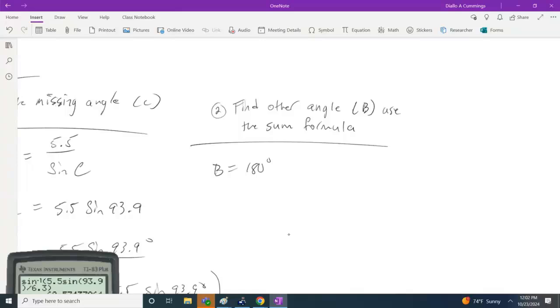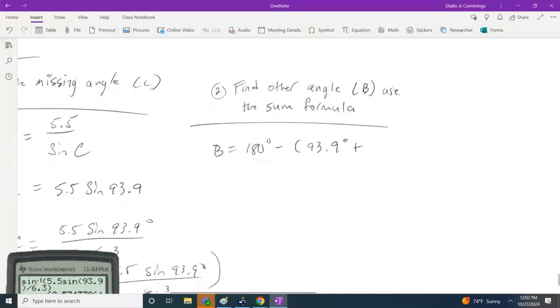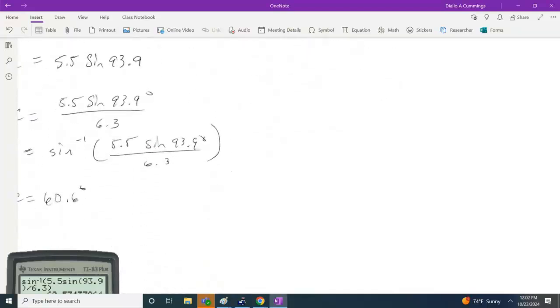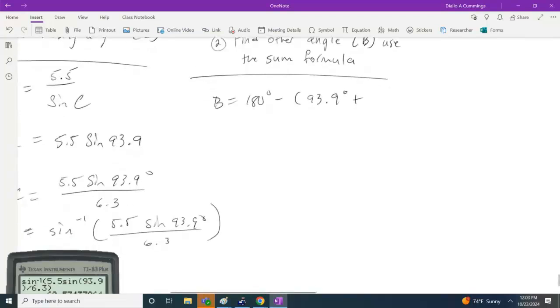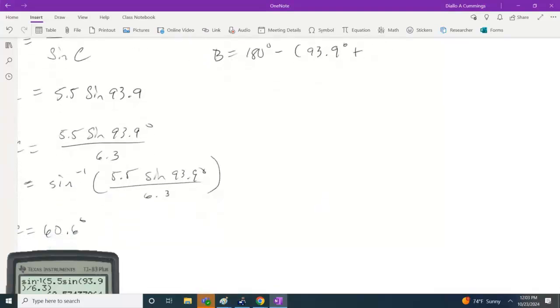So B is going to equal 180 degrees minus 93.9 degrees plus 60. Remember, in order to avoid rounding error, you only want to round your last number.